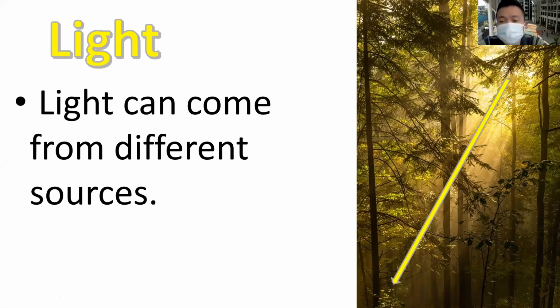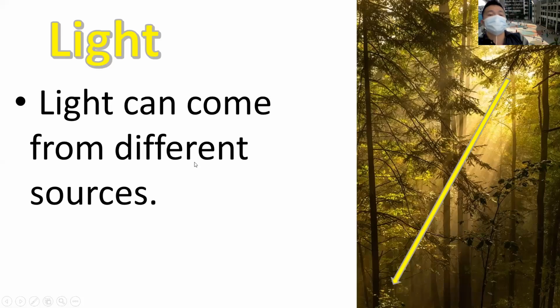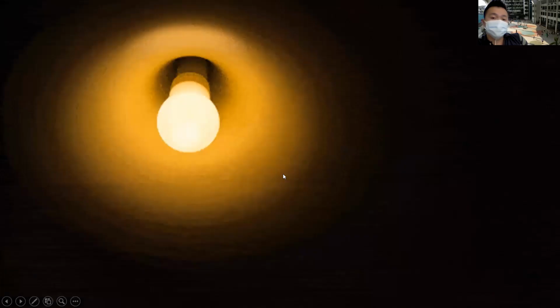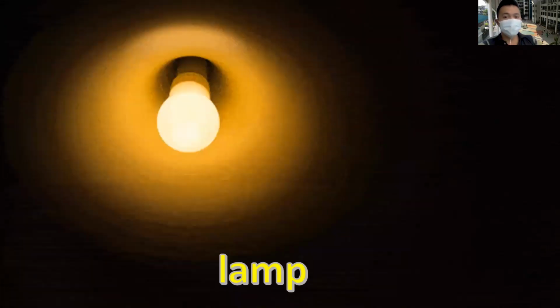Light can come from different sources, not only from the sun, but there are other objects that produce light. For example, we have the lamp. Yes, the lamp produces light with the help of electricity.